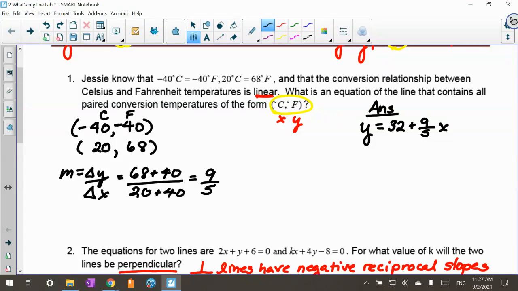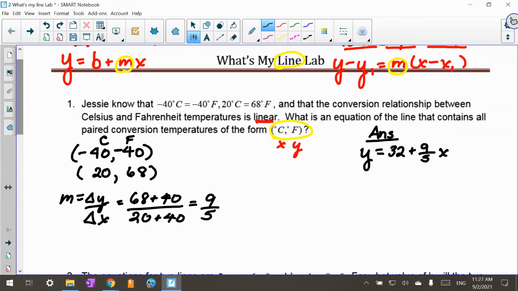Okay, so I like using the point slope form, y minus y1 equals m times x minus x1. So I'm going to now put the 9/5 in this formula. I have y minus y1, and that's the y point. Now, it doesn't matter which point you use, but let's just write this down first.